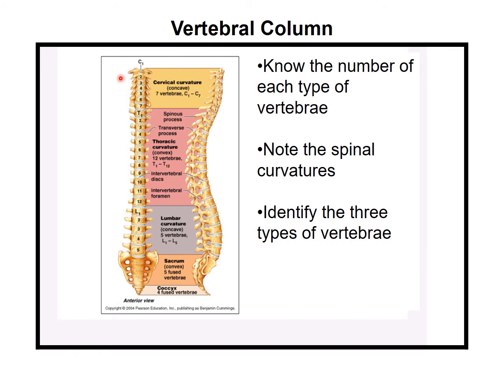Breakfast at 7, lunch at 12, and dinner at 5. There are 7 cervical vertebrae, 12 thoracic vertebrae, and 5 lumbar vertebrae. So remember, breakfast at 7, lunch at 12, dinner at 5.